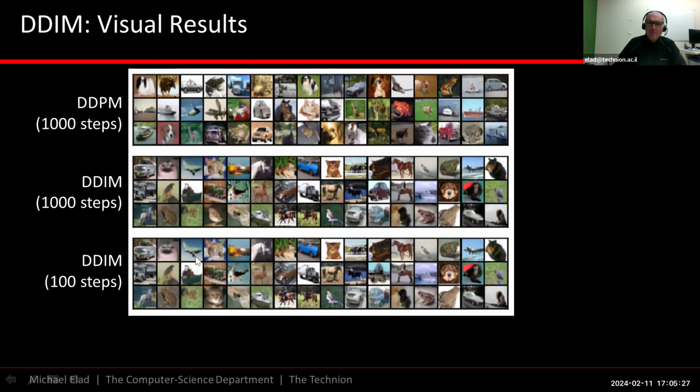And why? Because if you start from the very same vector, and this touches on the last question, if you start with the very same vector capital T, and you do either 10 or 100 or 1,000 steps, you end up with almost the same image. So knowing xT dictates the output image. This is why all these images here are the same as all these images here, and the quality at 1,000 versus 100 is nearly the same.